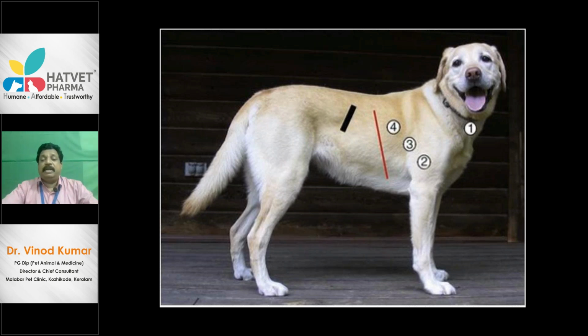You can even listen to the sound from the trachea in number 1. Number 4 is for vesicular murmurs, vesicular sounds. The same is on the left side also. This is the right side. So this is also an area of auscultation.